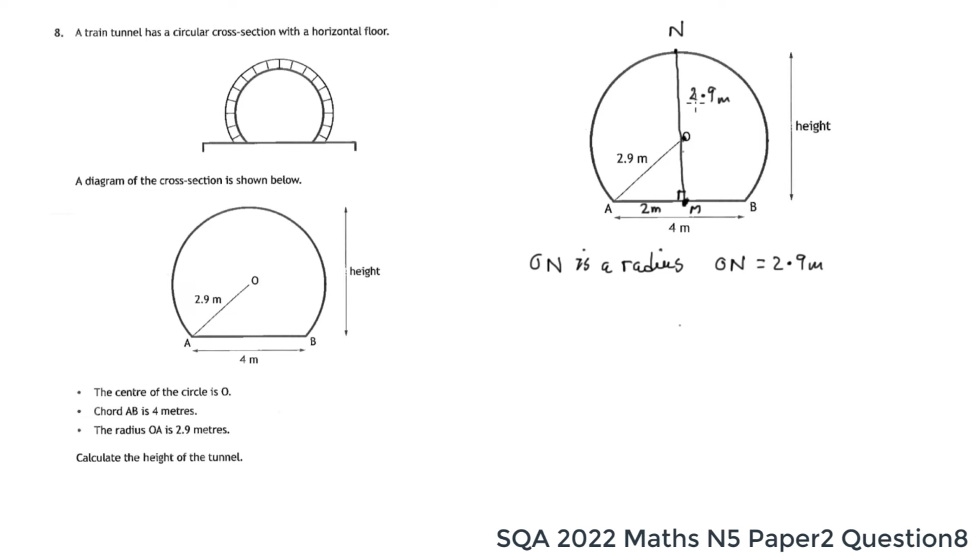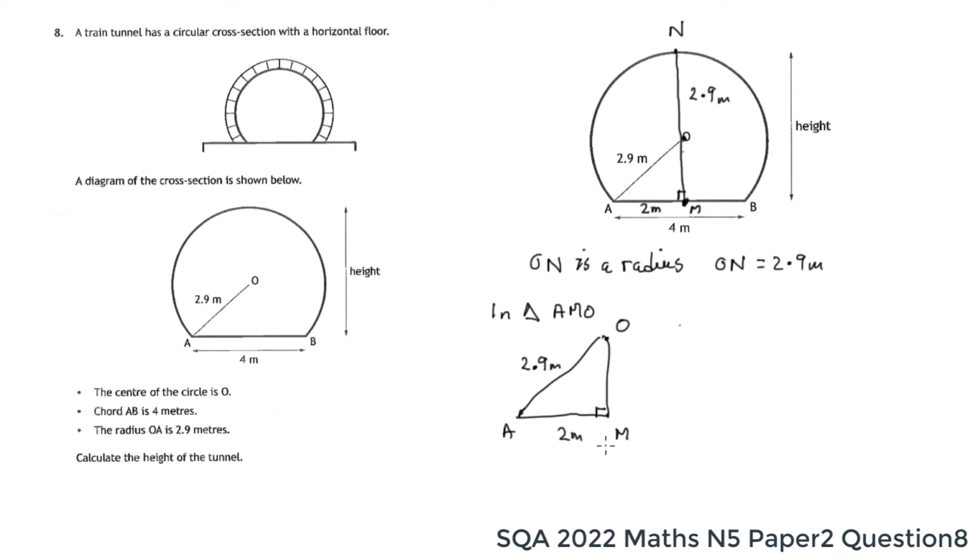Add these two lengths together and we'll have the height of the tunnel. So let's look at that triangle AMO in more detail, because that's certainly the triangle that's going to help us on the way. So we know this length AM is 2 meters, and we know from A to the centre is a radius, which we're told is 2.9 meters.